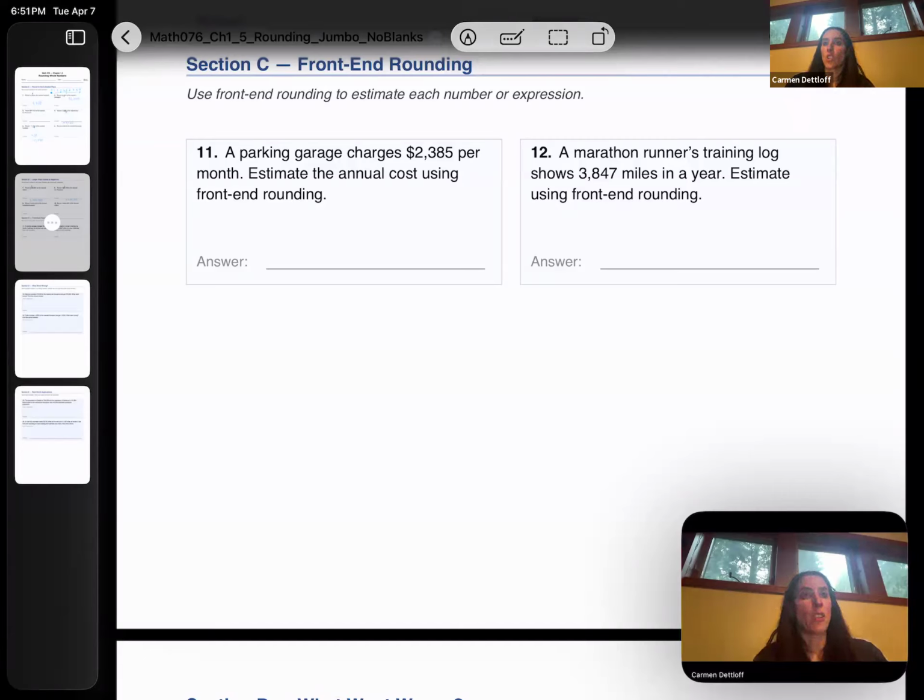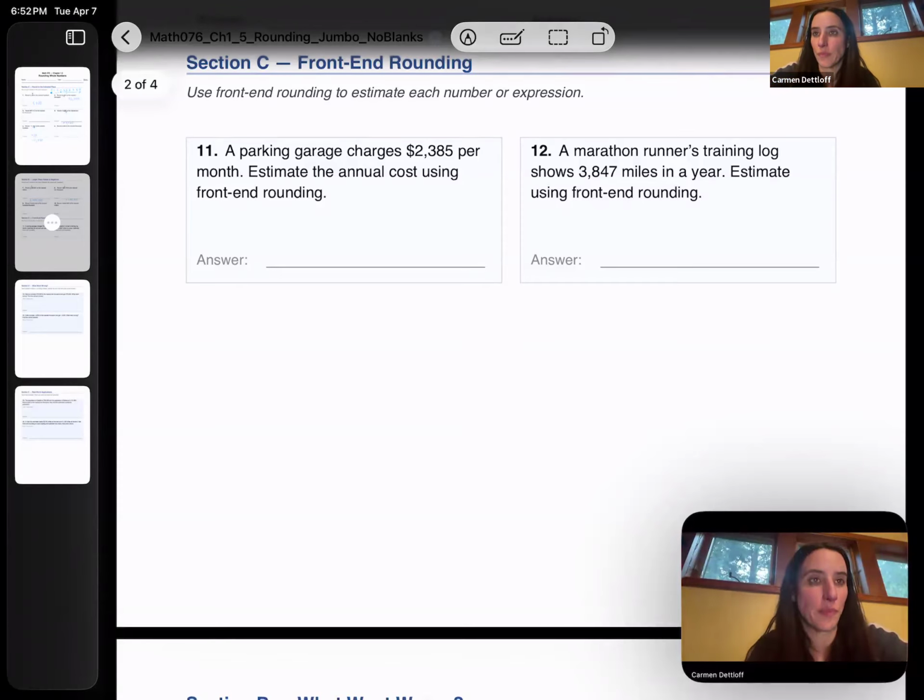A parking garage charges $2,385 per month. Estimate the annual cost using front end rounding. Okay, so I'm going to estimate this one. It tells me my monthly cost, and I want to estimate my monthly cost using easy math. Well, if I'm just trying to do some easy math here, I'll probably just round to the nearest 1,000.